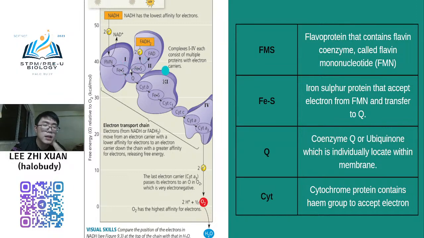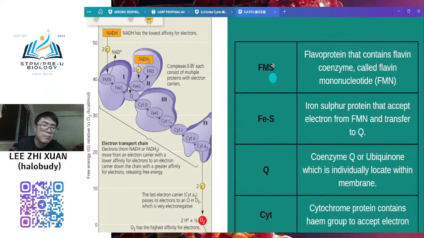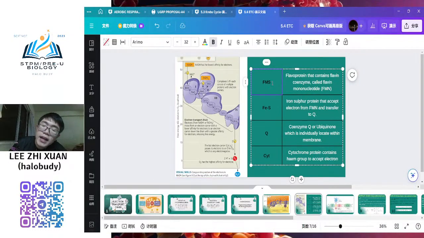Within our protein complexes, there are also many components. You can see here one component called FMN, FeS, and also CYT. This one is FMN.